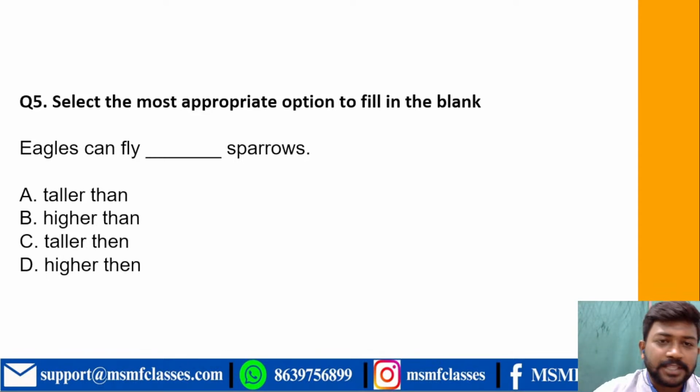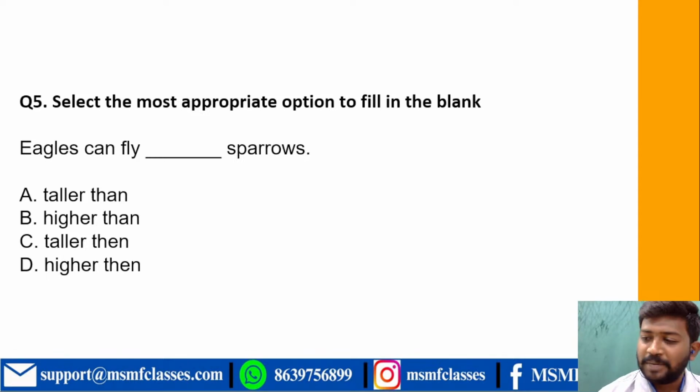Okay, Soumya has opted with option B, that is higher than. Any options yet for this question? Eagles can fly dash sparrows. And Gautam has opted B, good, higher than. Monica has opted B, higher than, good. Any comments? Next.